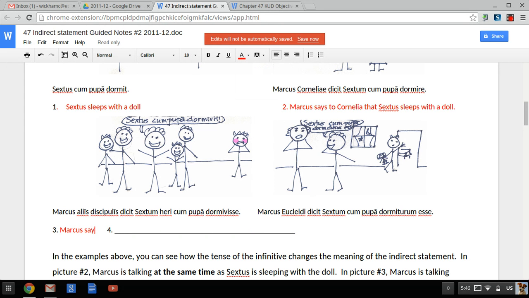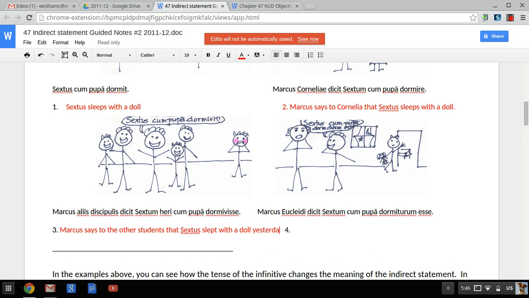Marcus says to the other students that Sextus slept with a doll yesterday. Notice how the past tense infinitive changes the tense of the indirect statement, that Sextus slept with a doll yesterday, but it doesn't change the tense of the main verb, which is Marcus says to the other students.